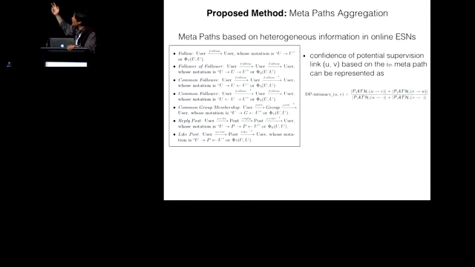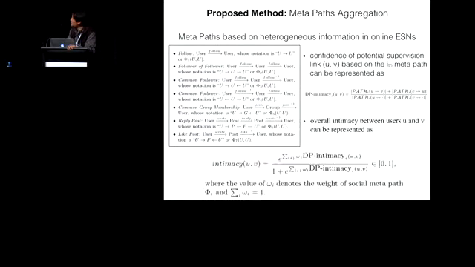From any type of metapath, you can define a strength of that metapath, which we call the intimacy of the particular type, looking at how many paths of this kind are connecting these two users. And then we can combine all the metapaths together, in the bottom equations, to indicate the overall strength.